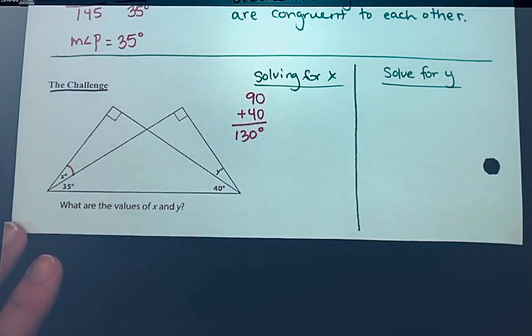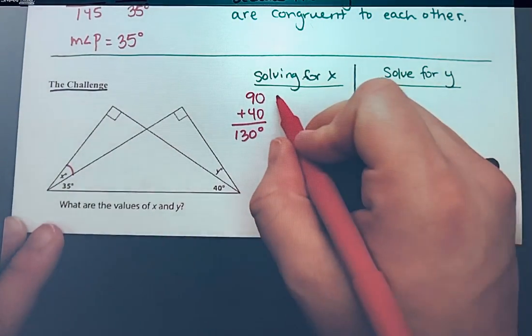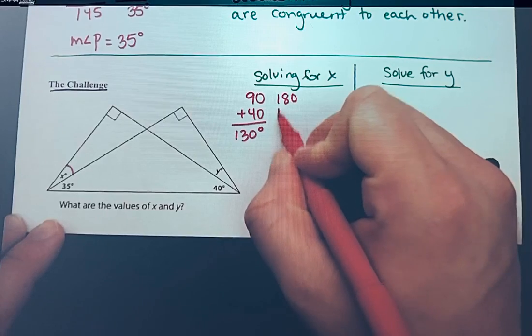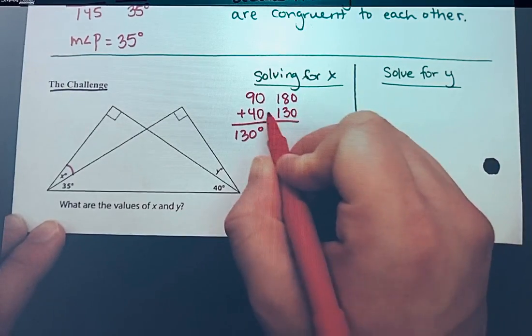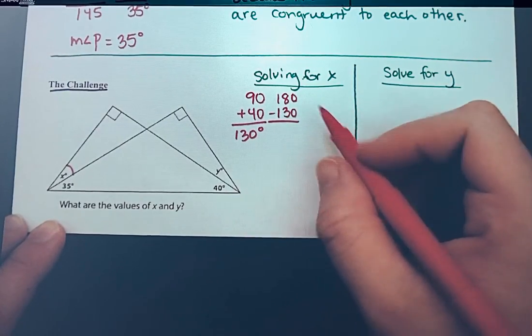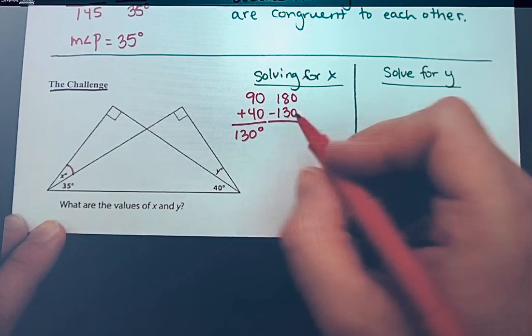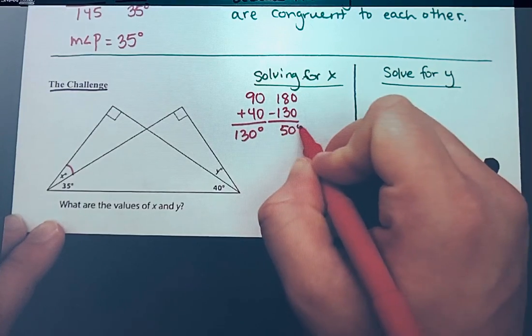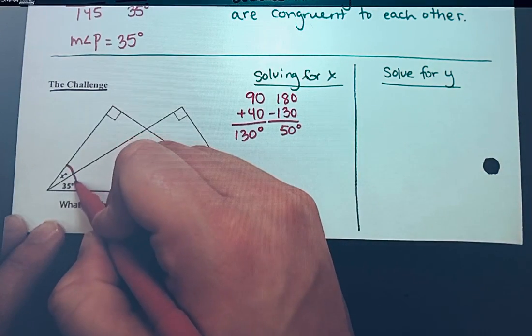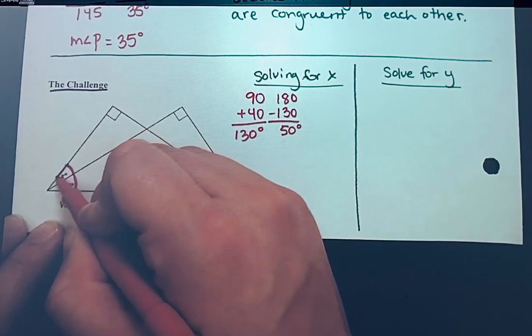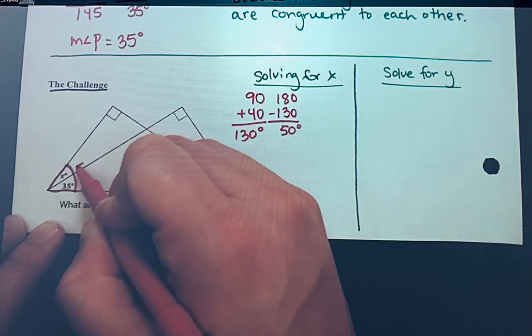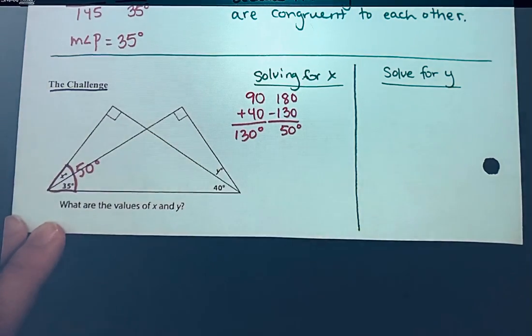And again, 130 is not my answer. I have to take that and subtract it from 180 because all three angles of a triangle add up to 180. When I subtract that, I get 50 degrees, which means this whole entire measurement here is 50 degrees.